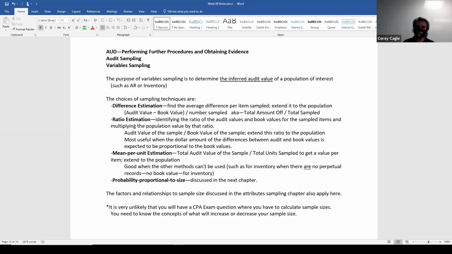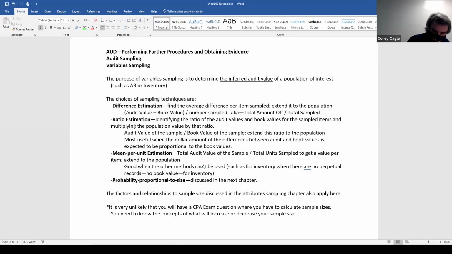Because that's what we're doing. We're sampling a small amount and we're finding, okay, in this sample, we found that we're $50,000 off. We sampled 200 items. All right, that's $250 off per item sampled. So let's apply that $250 off to every item in the population to get a new number. That's difference estimation.